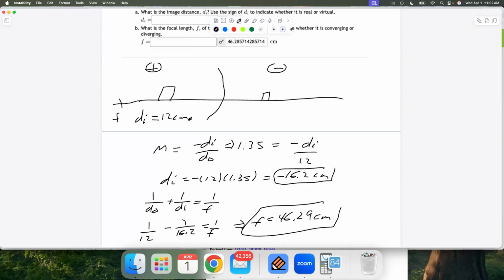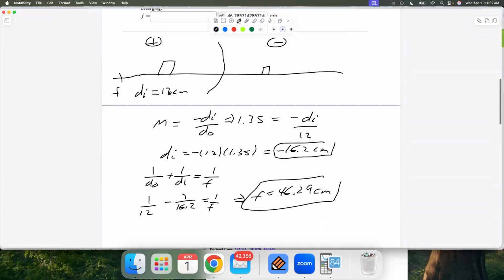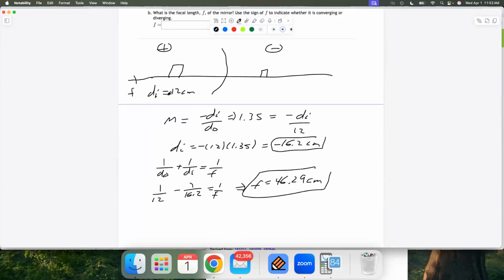And I'm going off memory here, but I think if your image is halfway between the focal point and the mirror or closer, for a concave mirror, you end up with a virtual image. Don't quote me on that. There's some formula you can memorize. I've never bothered memorizing it.